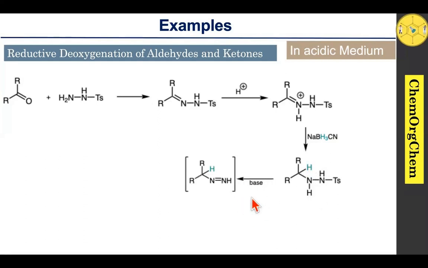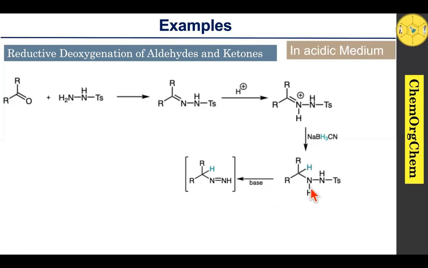Now a base quickly removes this hydrogen. Here, base means mostly, in this case, acetic acid is useful. Therefore, when you use acetic acid, definitely in the medium you will have acetate ions.